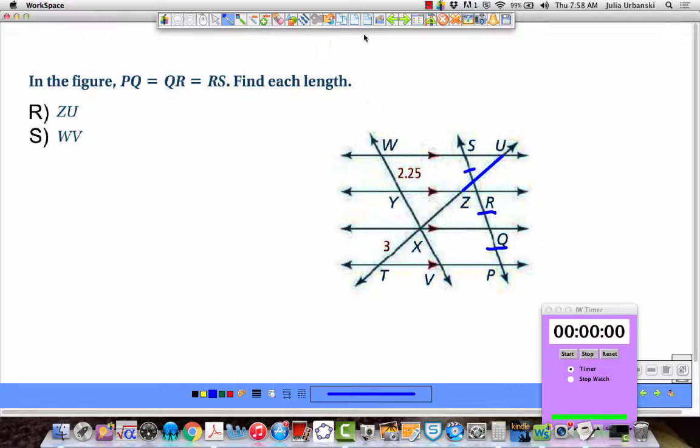Let's look down the whole entire transversal, okay? Let's look down all the way down here. So you've got 3 equal parts. This part is going to be equal to this part, which is going to be equal to this part. So what would ZU right here, which part, what would that be equal to? Look at the rest of them.